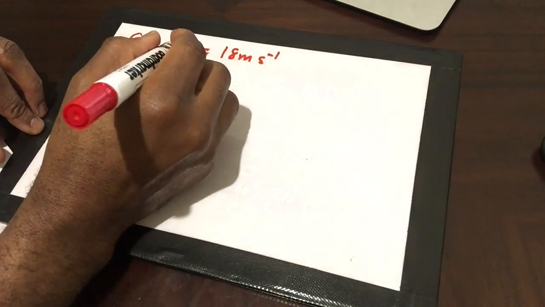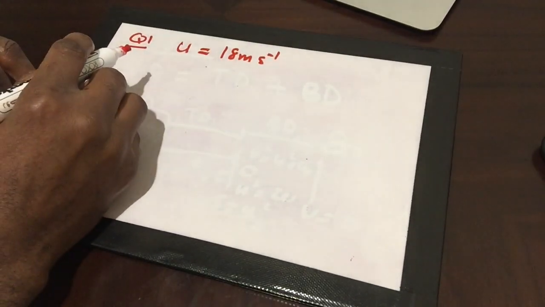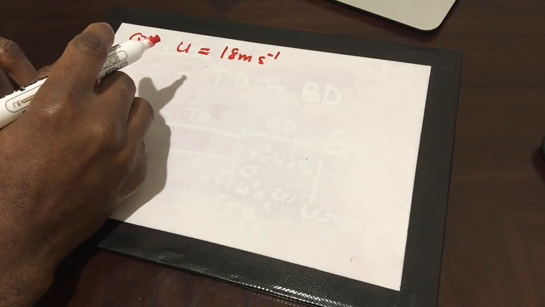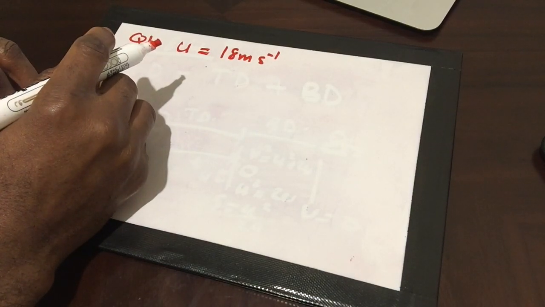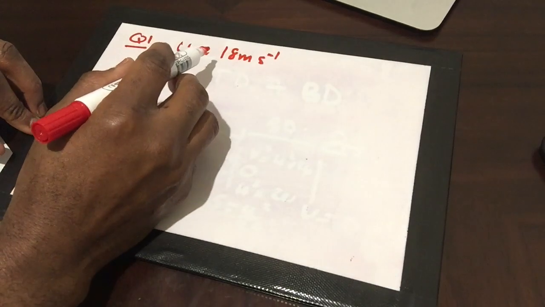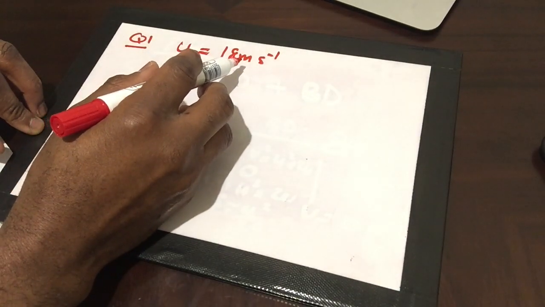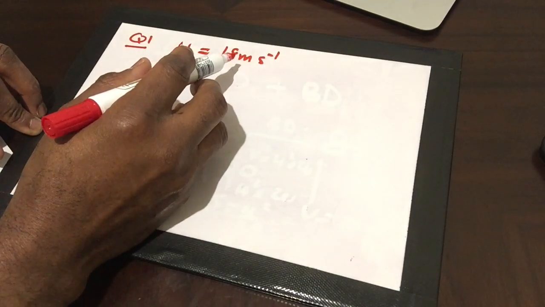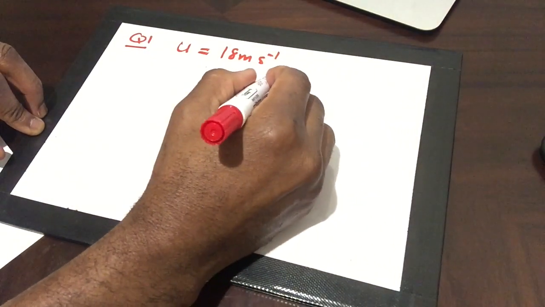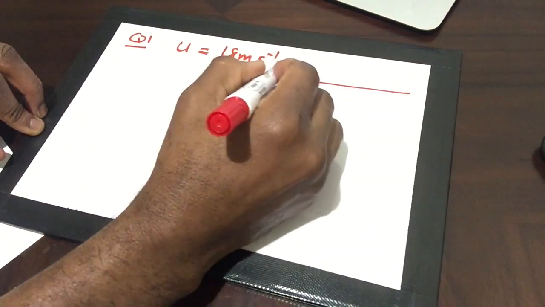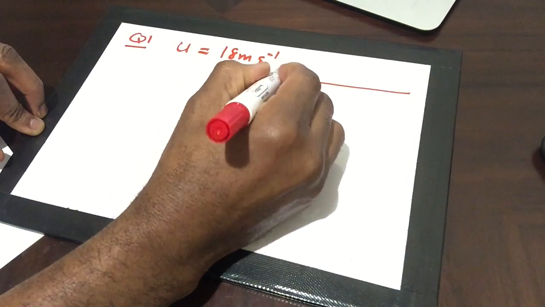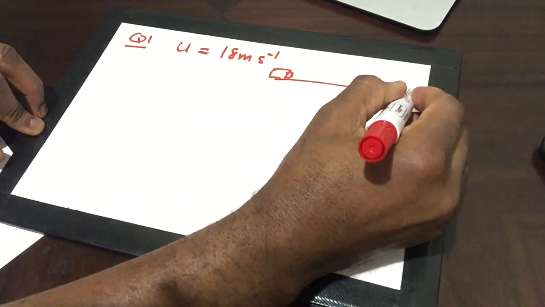Okay. Question 1 reads, a vehicle is traveling at a speed of 18 meters per second. So the initial speed would then be 18 meters per second, which is u, on a level road. If I want to represent that, I would say that is the vehicle and that is the level road.